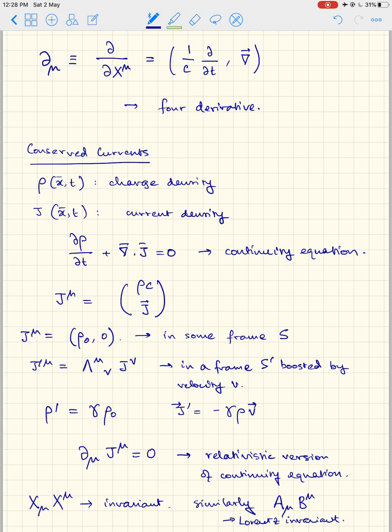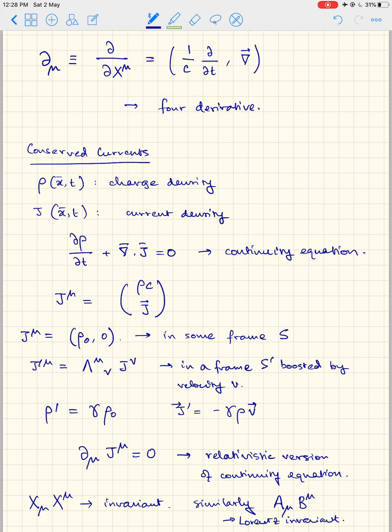You can actually explicitly try and do this, because the object which has an index downstairs is going to transform by the inverse of the matrix lambda, and the thing that has an index upstairs is going to transform as lambda. So lambda and lambda inverse multiply each other and give you 1.